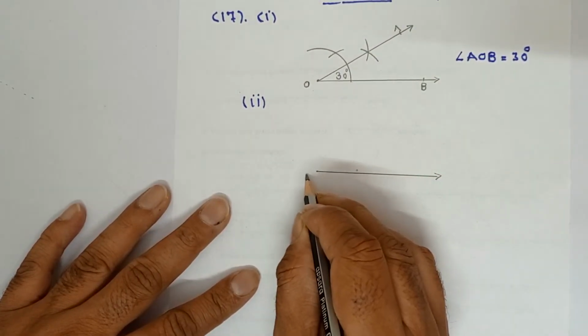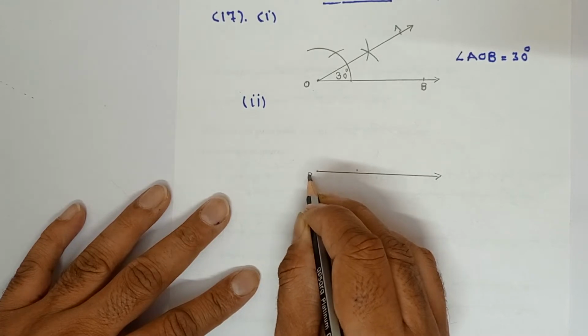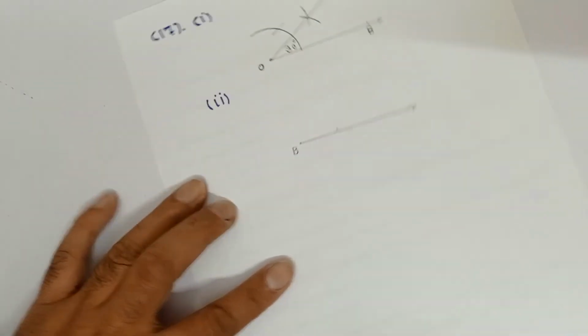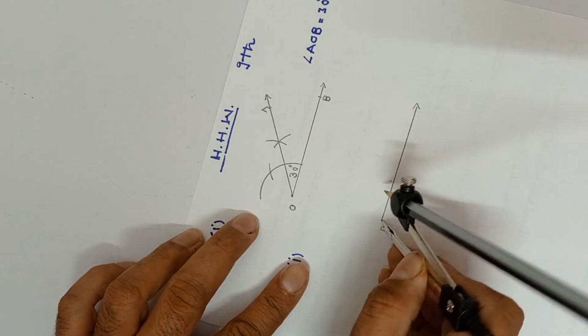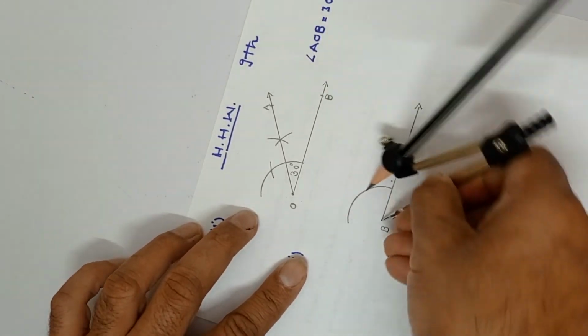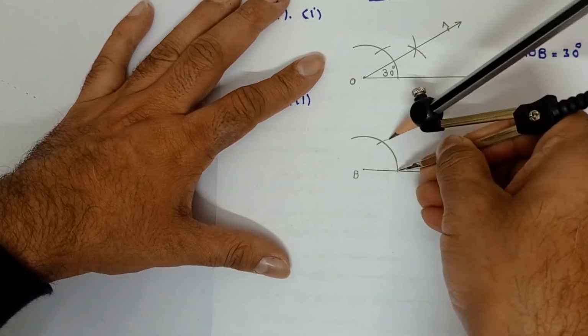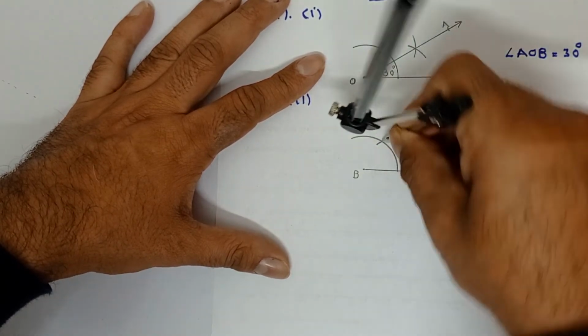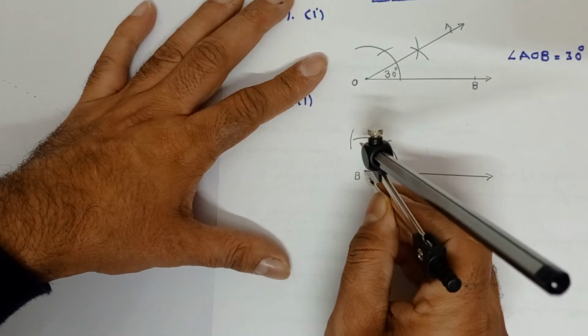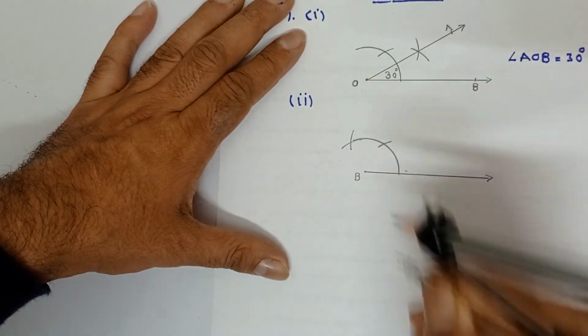This is any point you can take. Let it be B point. Keep the compass tip here. This is an arc. From here 60 degree, and from here 120 degree. You may extend the arc more if it is short.